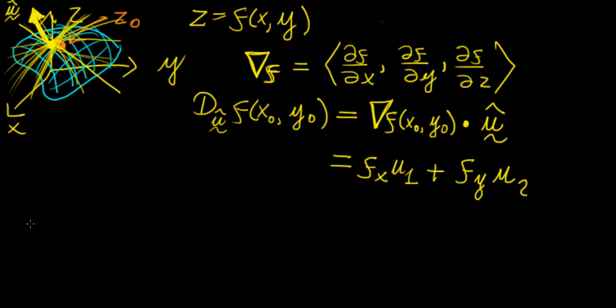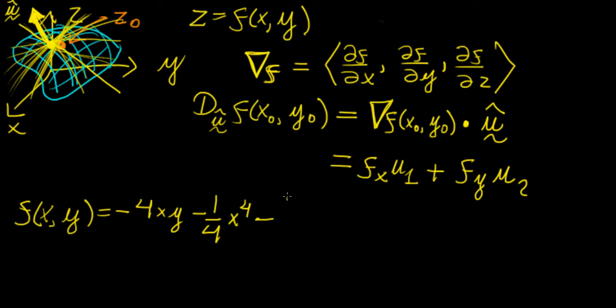So the first example we're going to look at is the following. Let's say we have a function f of x, y equals minus 4xy minus 1 over 4 x to the power of 4 minus 1 over 4 y to the power of 4.